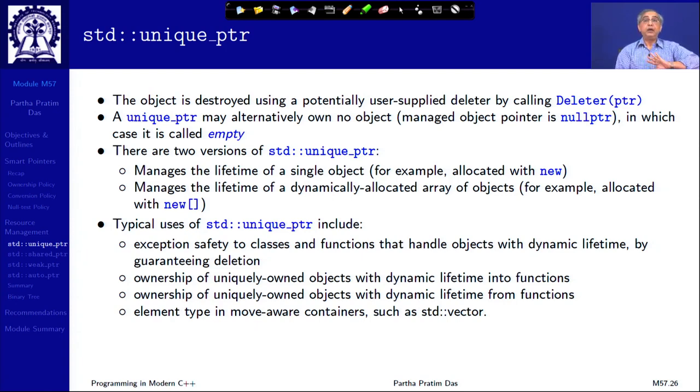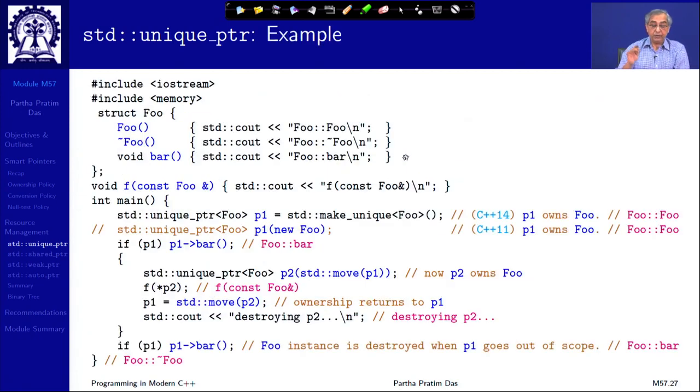It is used to pass parameters to functions, to get values returned from functions, and several containers use unique pointer, like a vector. In a vector, as we have discussed, it is a kind of an array of pointers where every element is held through a pointer. Those can all be unique pointers, because obviously every pointer will hold only the unique element that exists there. So, most useful kind of pointer.